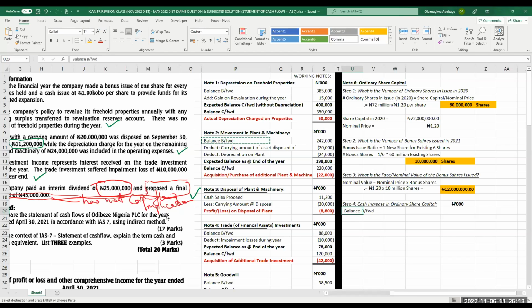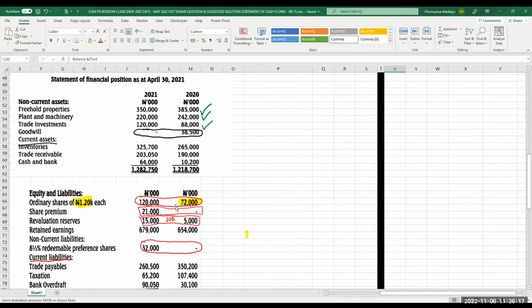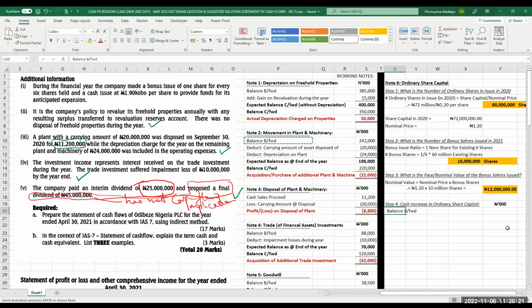Our balance brought forward for share capital here is 72. Now, there was bonus issue. Add bonus issue.